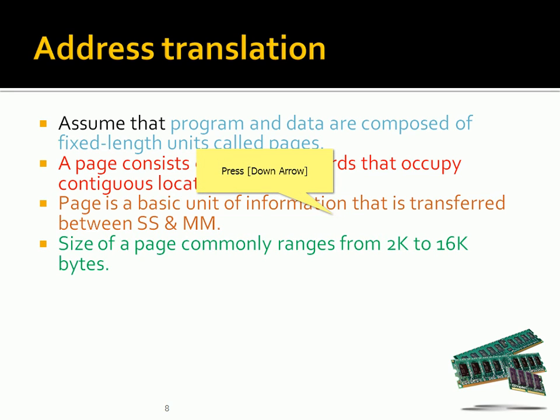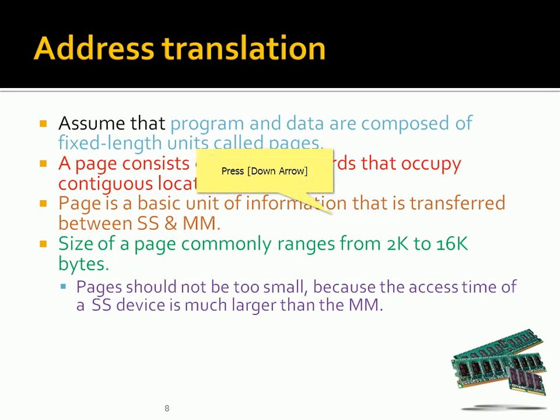The size of a page commonly ranges from 2 kilobytes to 16 kilobytes. So 2 to 16 kilobytes is the size of each page. Pages should not be too small, and they should not be too big either. The access time of a secondary storage device is much larger than that of main memory.